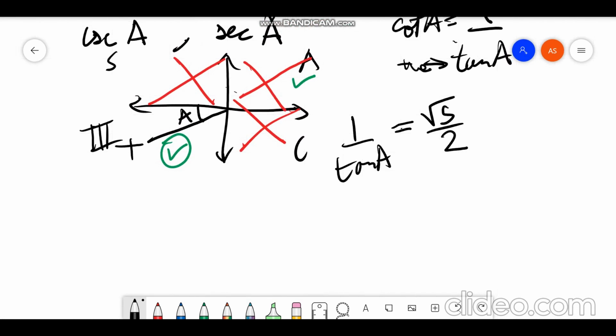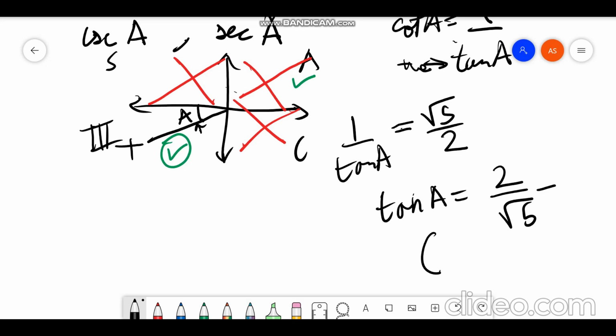So tan A will be the inverse of that, 2 over root 5. With this, we can find a set of coordinates that lie on this line.